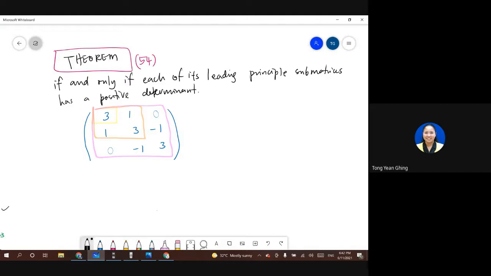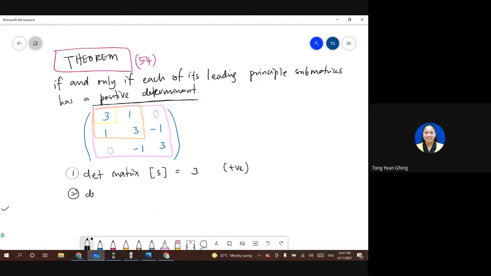We start with the first one. The determinant of this 1 by 1 matrix equals 3, which is positive, because the theorem requires a positive determinant.